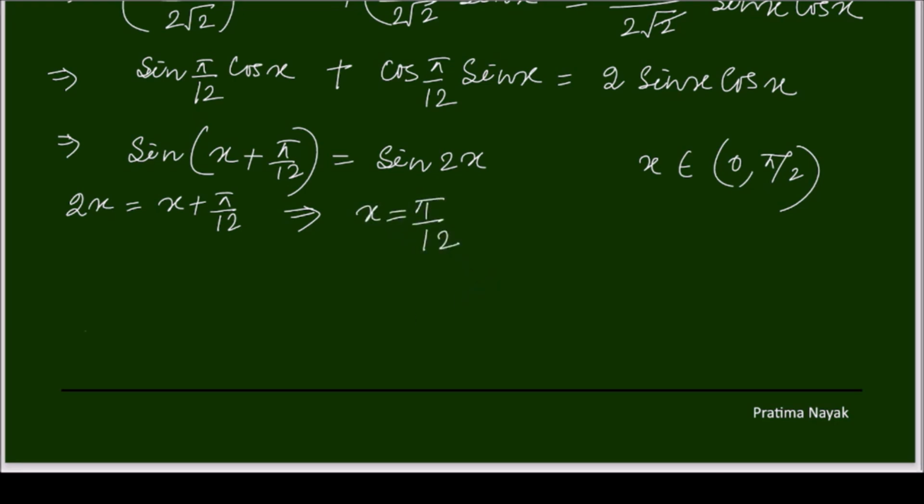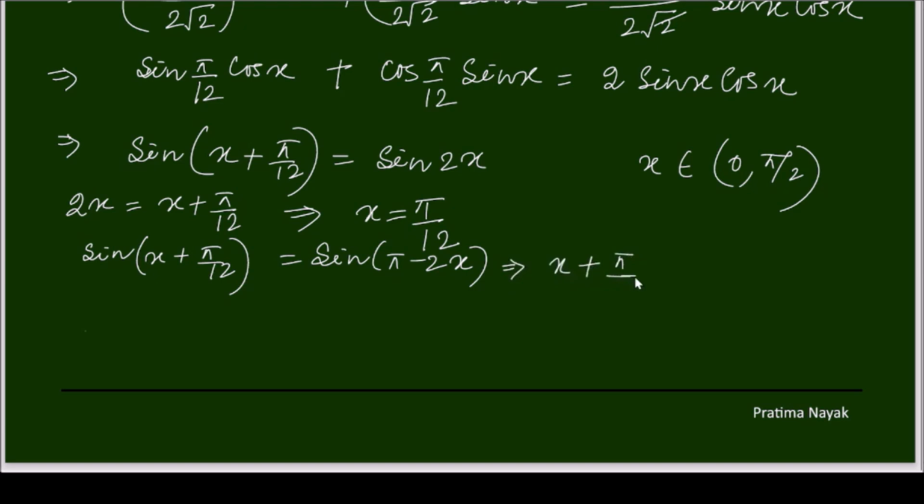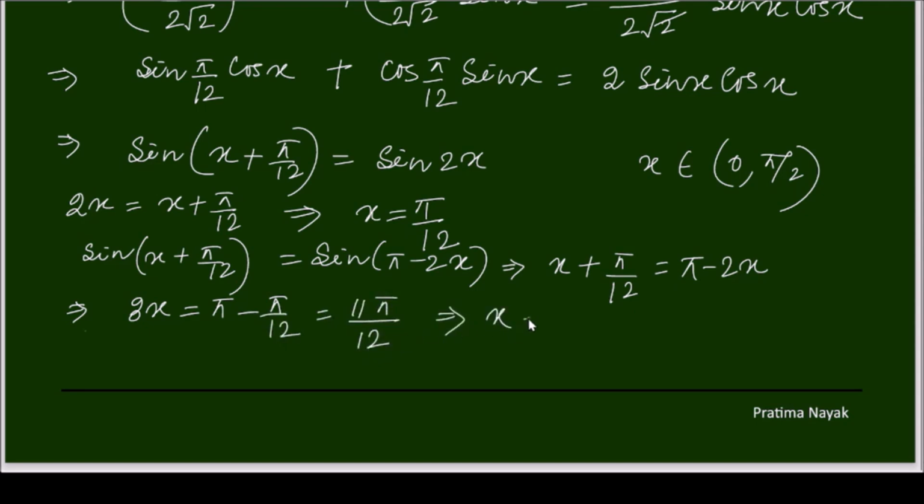The second solution will be sin of (x plus pi over 12) equal to sin of (pi minus 2x), since sin of (pi minus 2x) is also sin 2x. So x plus pi by 12 equals pi minus 2x, or taking x together, 3x equals pi minus pi by 12, that will be 11 pi by 12, so x equals 11 pi by 36.